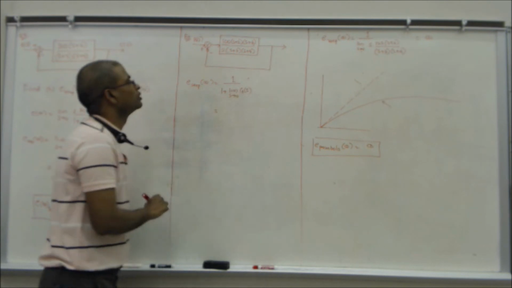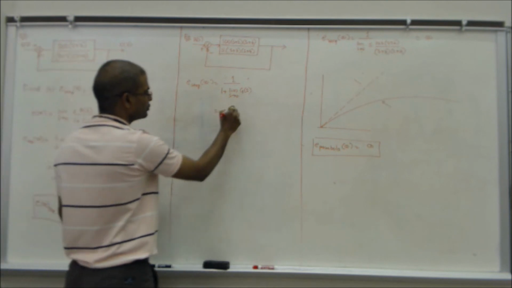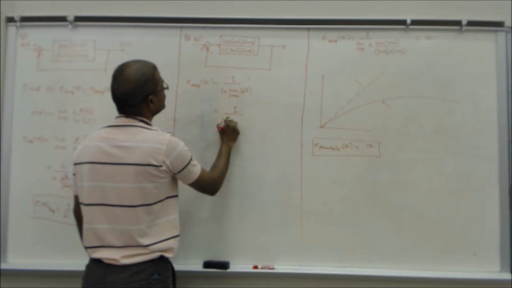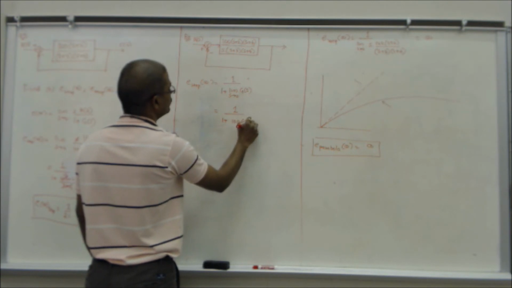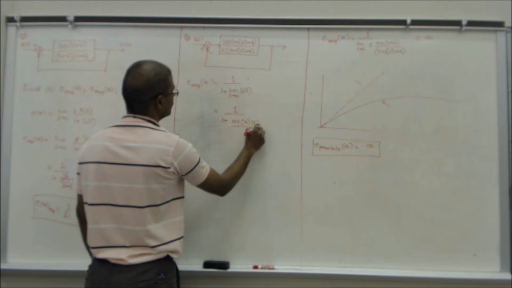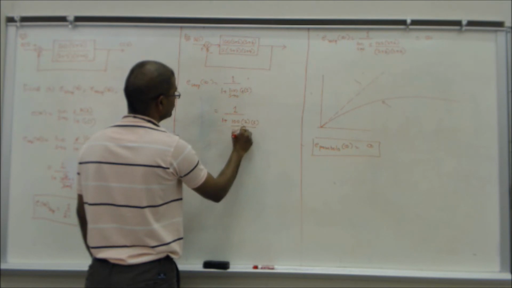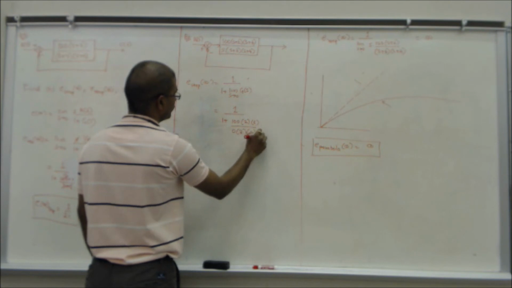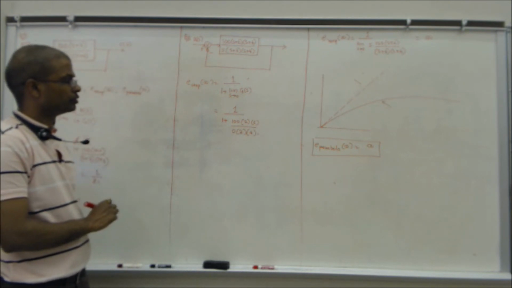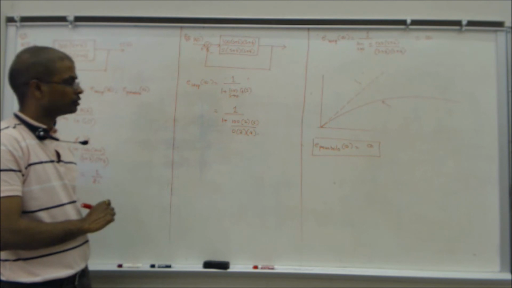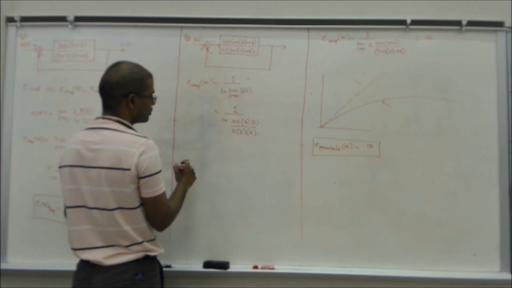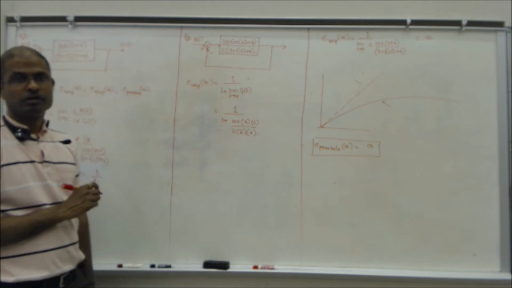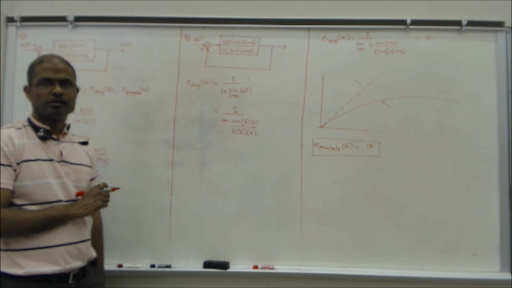So this would be 1 over 1 plus 100 into 2 into 6 over 0 into 3 into 4. So what is this? It's 1. Oh, it's 0. So the answer is going to be 1.